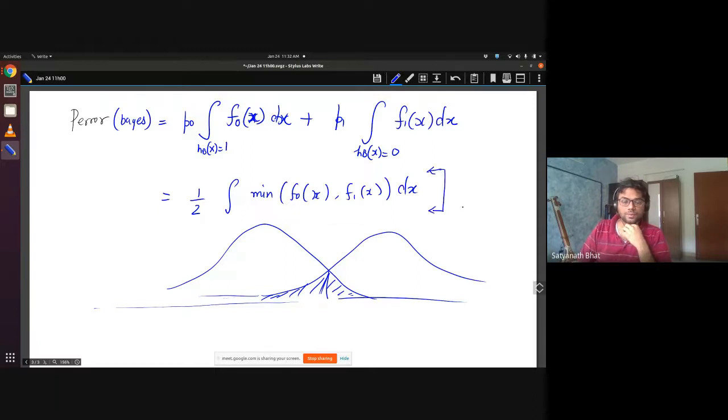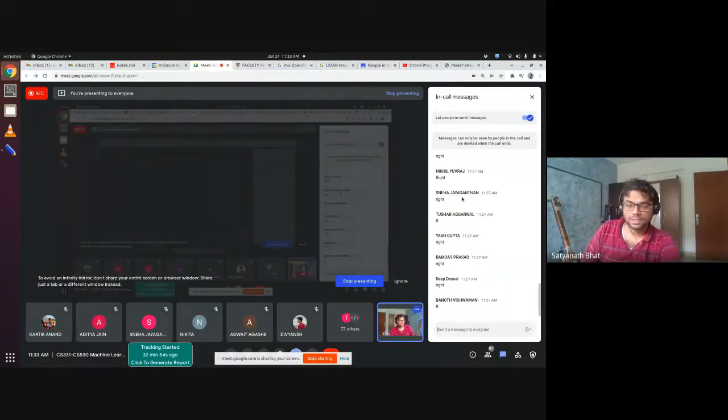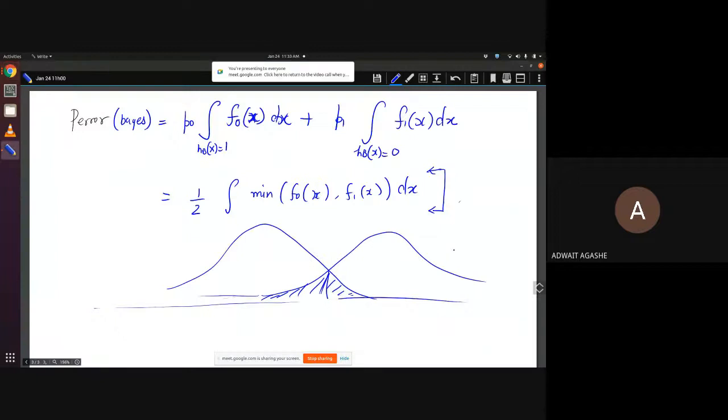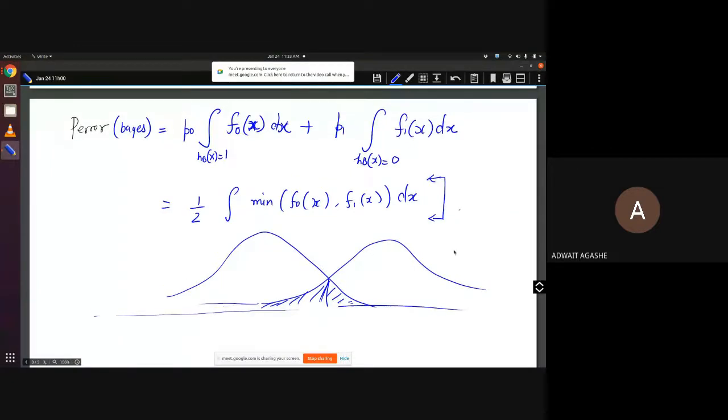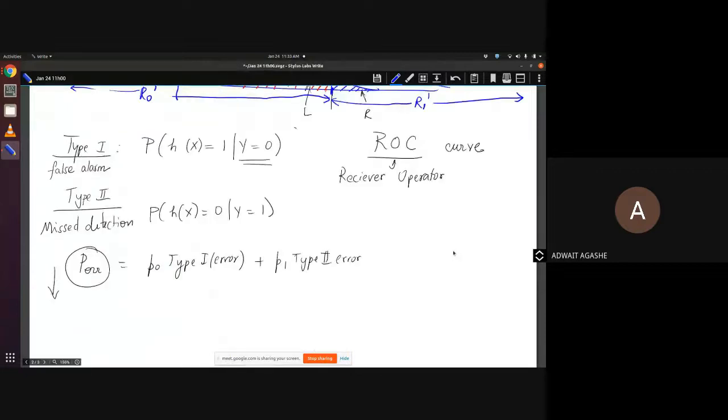Okay, so does anyone have any questions about optimality or any other topics that we discussed so far? Is it clear? Sir, you mentioned that ROC thing. So it basically gives a correlation between type 1 and type 2 error, right?